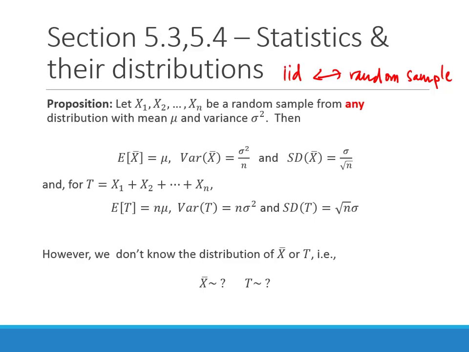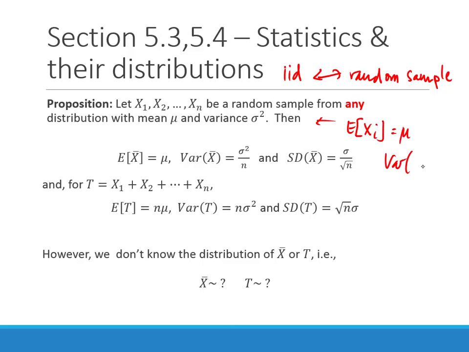So the thing that we looked at on Wednesday was if I have this random sample from whatever the distribution is, such that the mean of the distribution of the xi is mu and the variance is sigma squared. So here we have the expected value of each of the xi's is the same. It's mu.